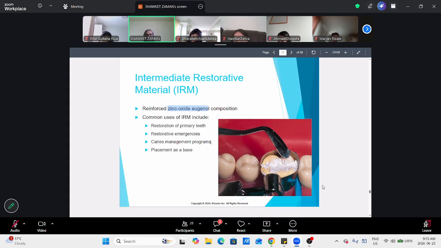But to prevent extension of the cavity, they will immediately apply the IRM for the caries management program. It is also considered a base material. Base material means sometimes we need to put some extra material before we go for the final restoration, and that extra material is considered a base because we put it on the bottom part of the restoration. That's why it's called the base of the restoration. So these are the indications or common uses for the IRM.